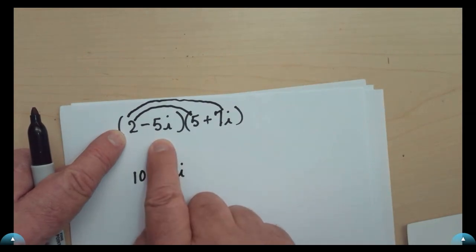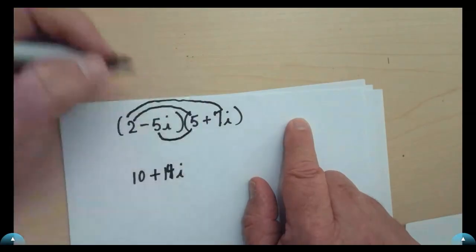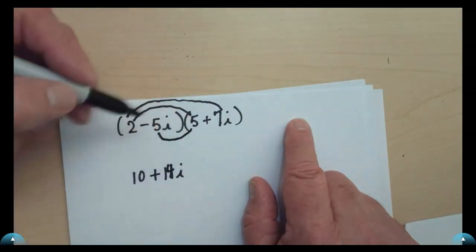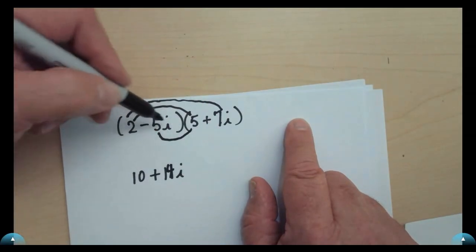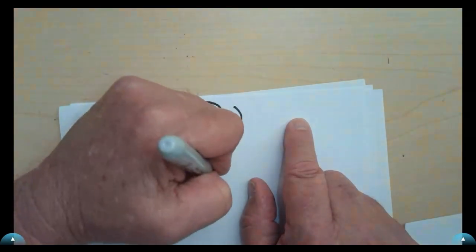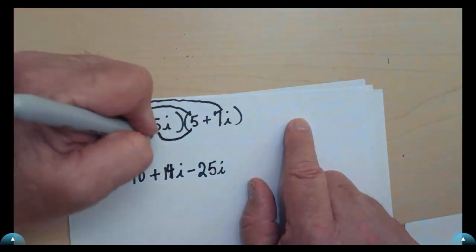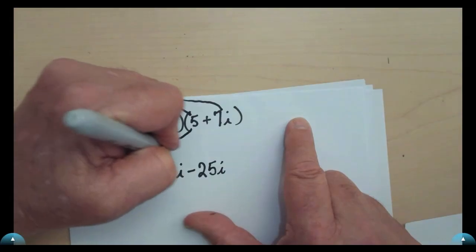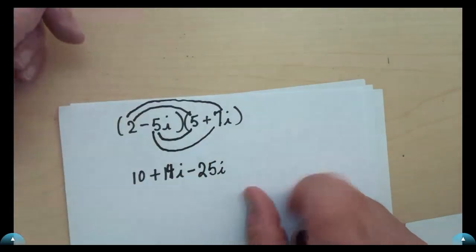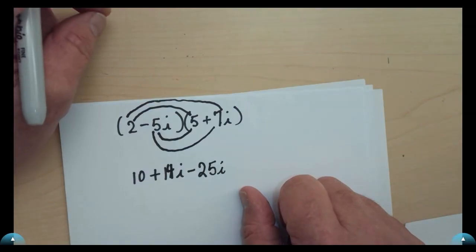Then we move over to this negative 5i. Negative 5i times positive 5: negative 5 times positive 5 is negative 25i. Finally, negative 5i times positive 7i. I think that's going to turn out to be positive 35, but let's look at why.